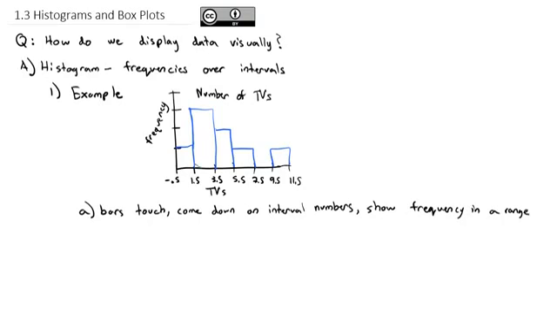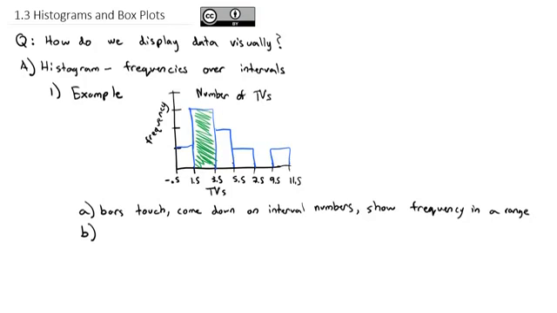In other words, if I color this second bar green here, what that second bar means is that there are 3 values, or 3 people who reported having between 1.5 and 3.5 TVs. Between 1.5 and 3.5 are the numbers 2 and 3. So the numbers 2 and 3 all went into that bar. Now, it's impossible to have 1.5 or 3.5 TVs.